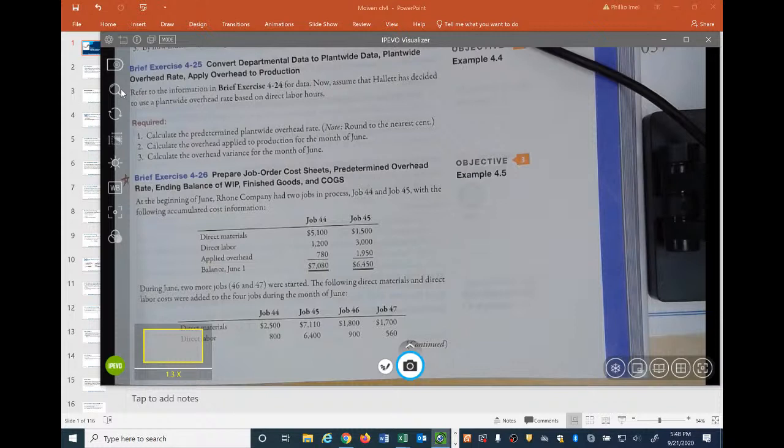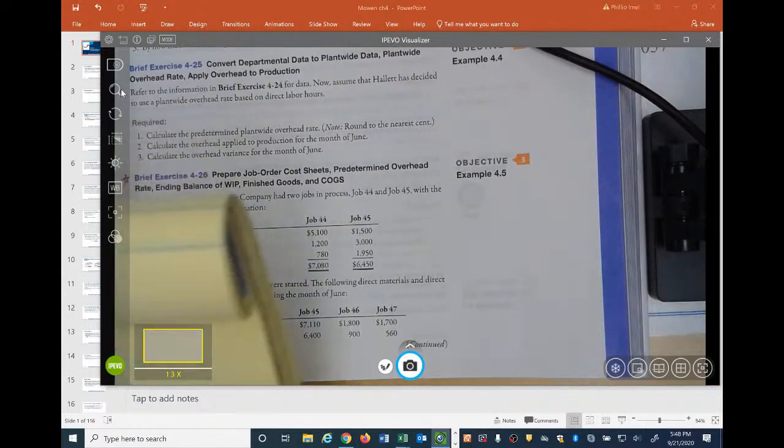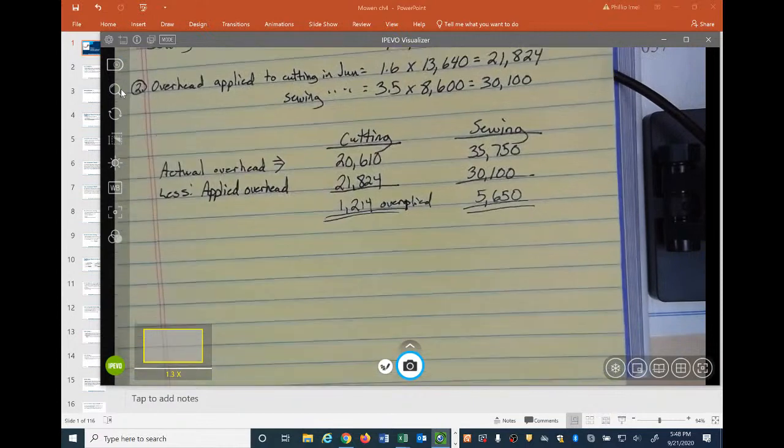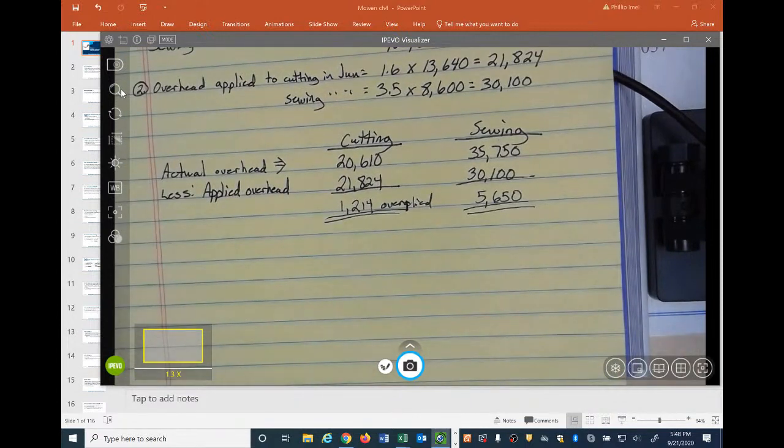Anyone think they have the first part of that one? What you got? 0.65. Right. How'd you find that? 780 divided by 1200. Right. Does everyone see that?